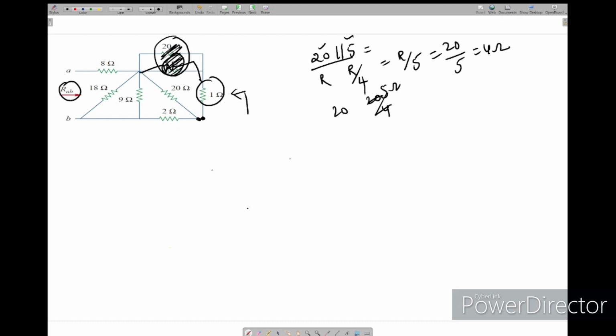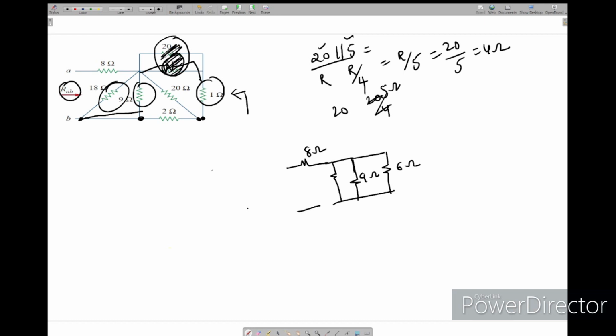Now what we got here, we got 6 ohm parallel with 9 ohm. Here this 9 ohm, again 18 ohm resistor. So if you see these two are in the same connection, so that's why these two are in parallel. Again like this. So finally we have an 8 ohm resistor.